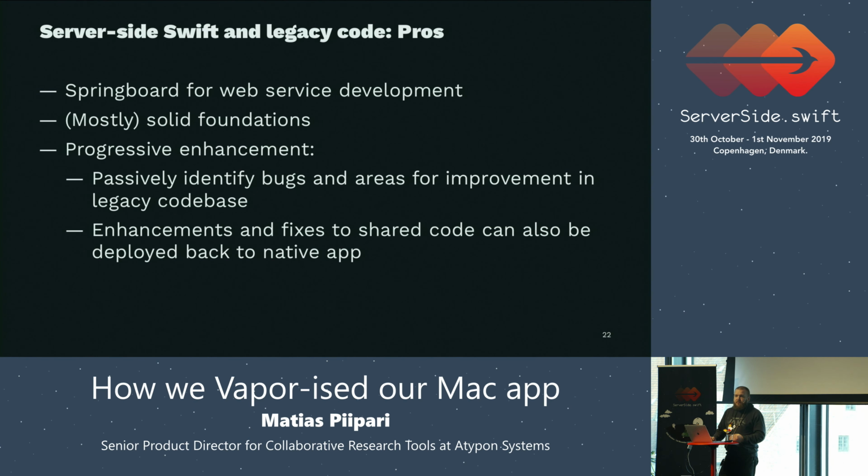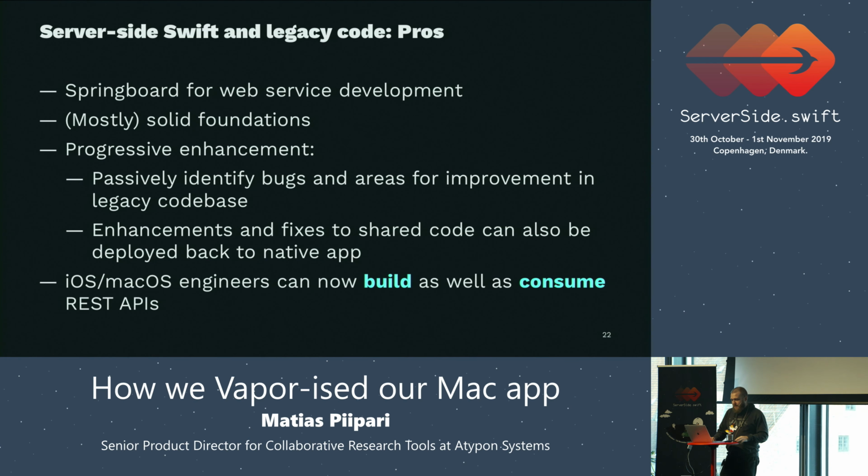And then we've been able to put bug fixes back to the code base that now goes back to the Mac application. And this dream of having the iOS and macOS engineers being able to build as well as consume REST APIs has proven to be correct for us.